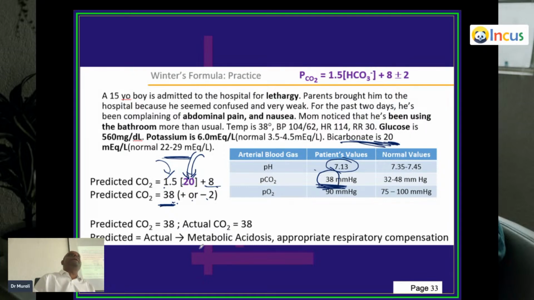That means what will you tell here? The patient had metabolic acidosis because of the low bicarb. At the same time, his PCO2 has also fallen down to 38, the actual value, and the predicted value according to Winter's formula is also 38, and hence he is fully compensated. So for the entrance exam, this is a seat-winning question. The rest of the things everybody will answer.